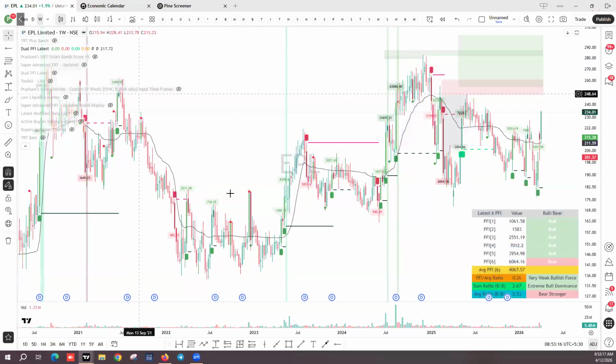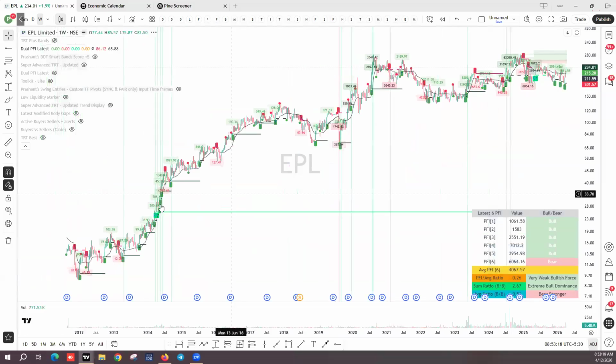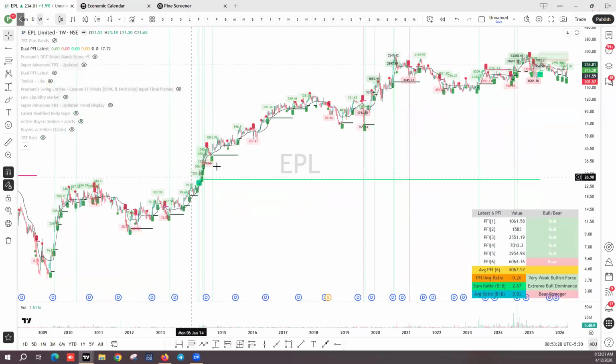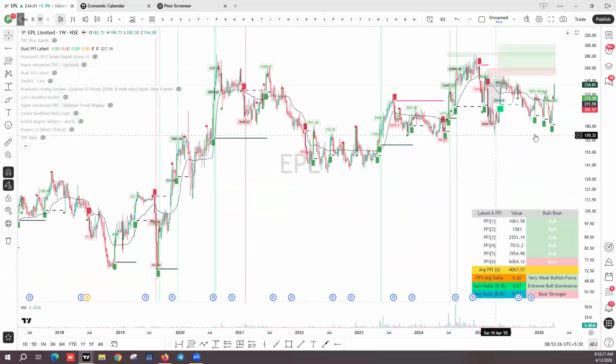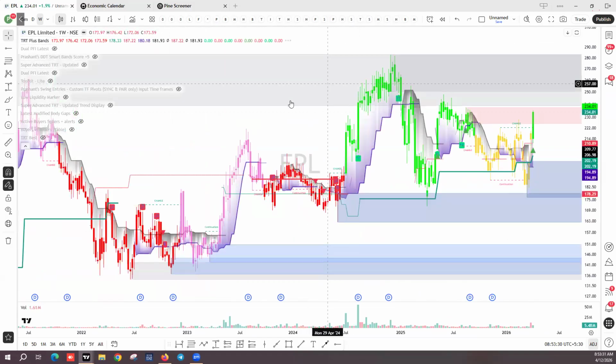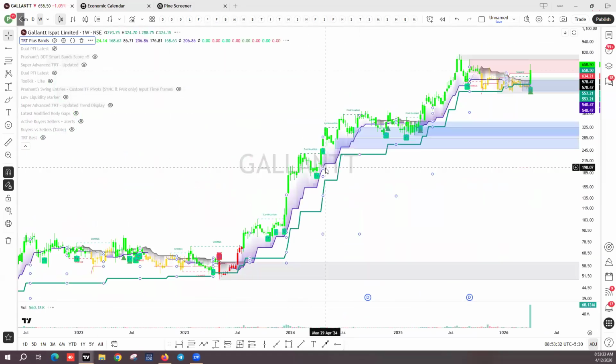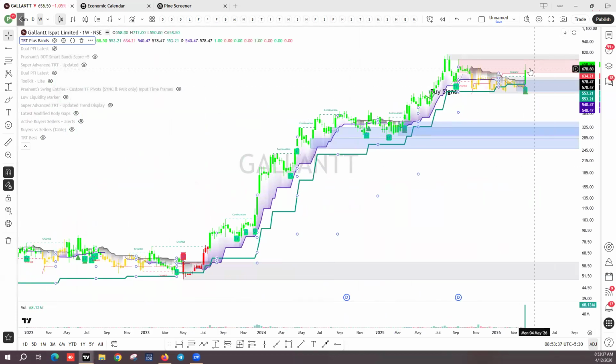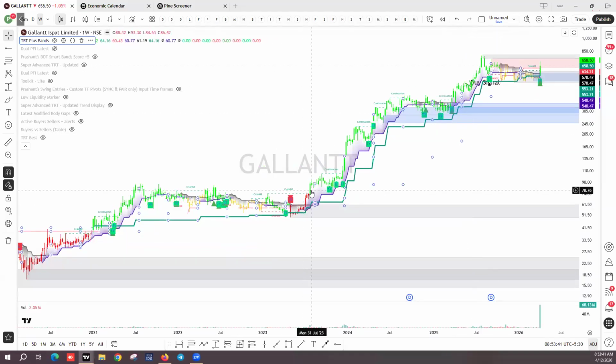Also add PFI, and you will notice here in the past there was very high PFI. It started here and kept on increasing. Here we don't have strong bullish PFI. Now this is again, it has shifted to green color. It has already given very nice entry here in green and went up.